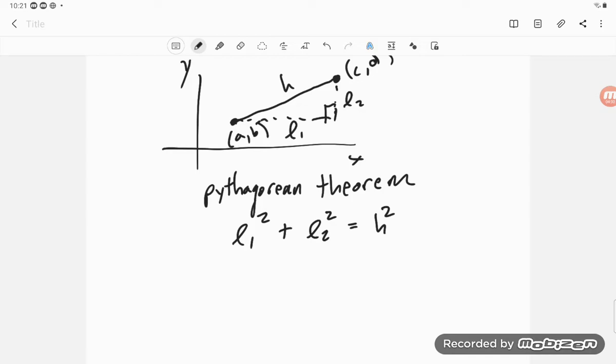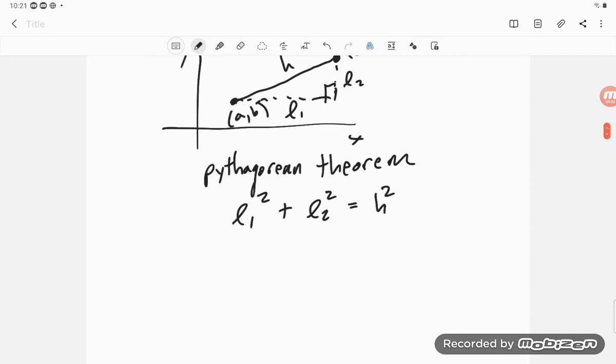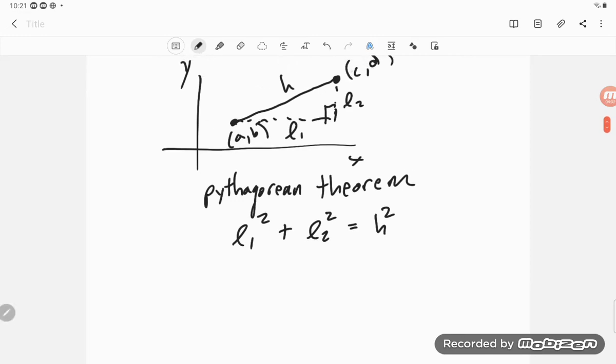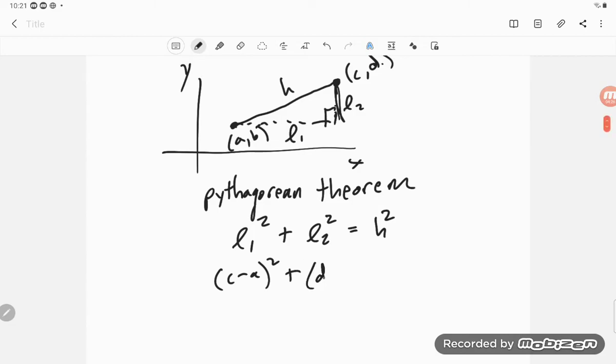And then how do I get leg 1? Well, that's the difference in the x coordinates. So that's c minus a. And so the Pythagorean theorem would say, I take c minus a and square that, plus this L2 here, and that is the difference in the y coordinates, so d minus b squared, and I'll get the distance I want, squared.